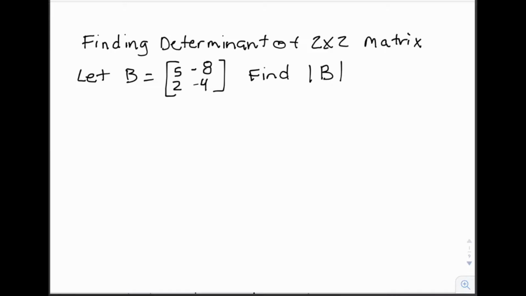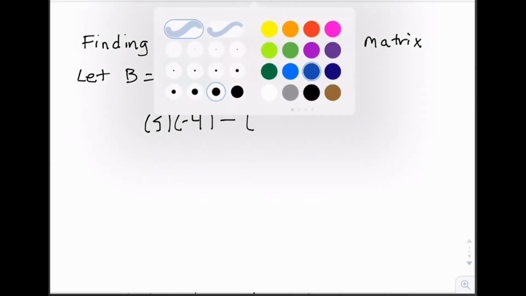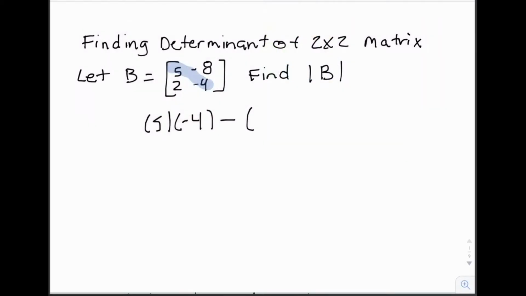So we have B here, and we want to try to find the determinant. Let's get our highlighter out. First we go in the downward direction, so we will have 5 times -4, and then minus, we go in the upward direction now, so we have 2 times -8.